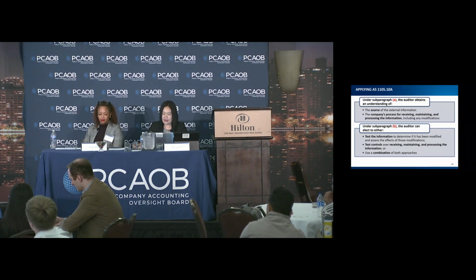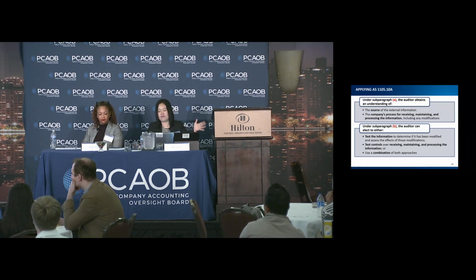On the other hand, more robust procedures may be necessary if the company's processes are complex or involve modifications that can negatively affect the reliability of the information. So for example, if the company has multiple subsidiaries and is using different ERP systems, the company may convert the information to the parent company's ERP system before providing it to the auditor.